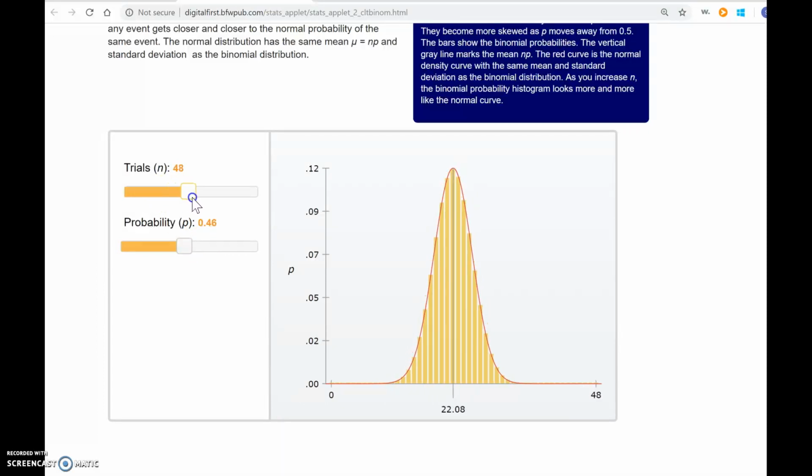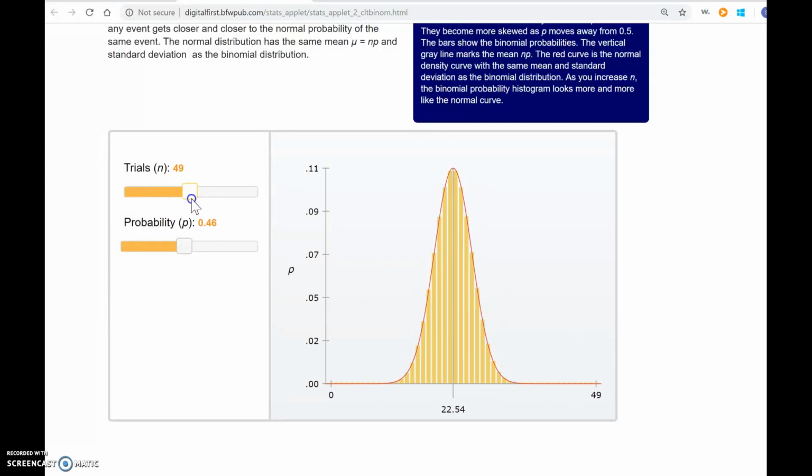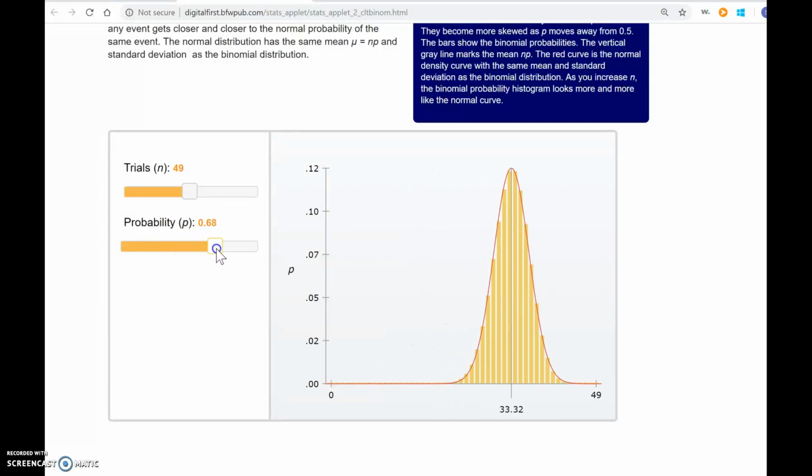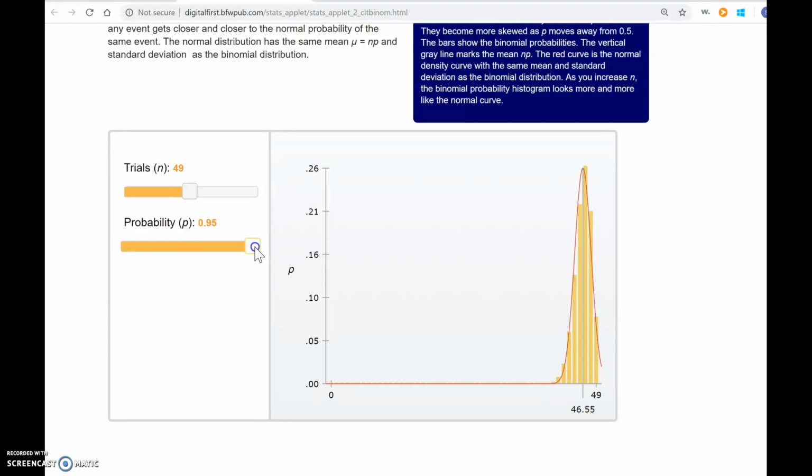As you kick up the number of trials, in fact, this program actually fits a normal curve to the distribution. As you can see, if the number of trials is pretty large, the binomial model looks like the normal distribution. Now, if you kick that probability way up, it will cut off the top half and make it a little bit skewed to the right.